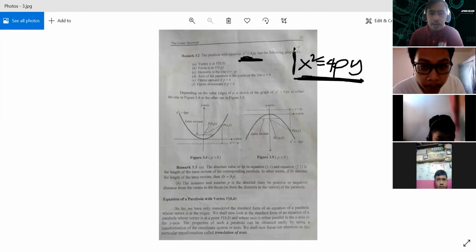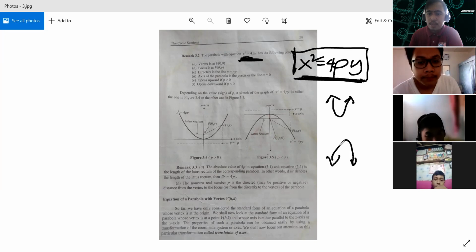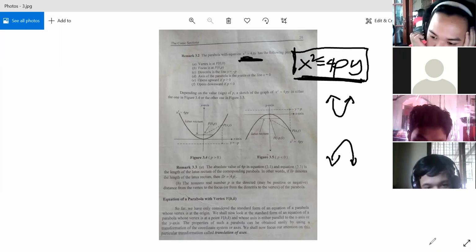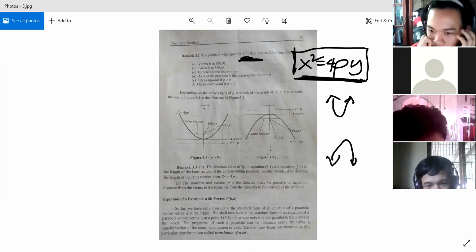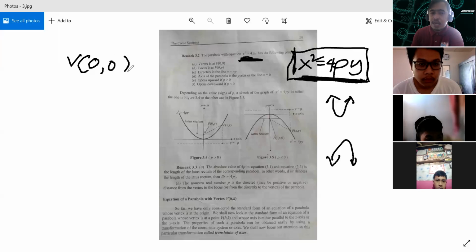By the way, this parabola is either opening up or down. So, if you are given an equation of your parabola and you can rewrite that into this form, then automatically the vertex is at 0, 0.